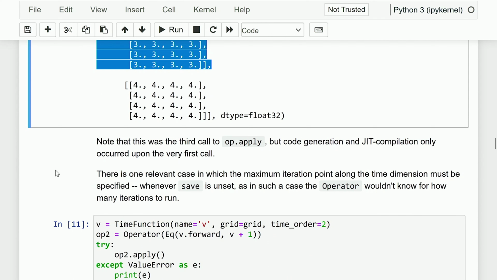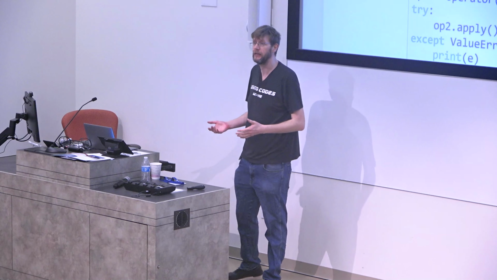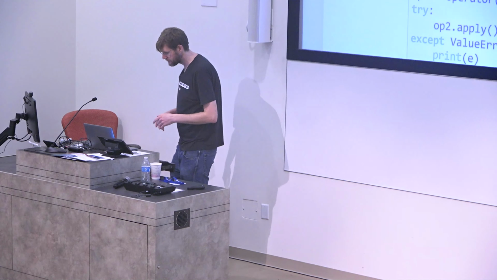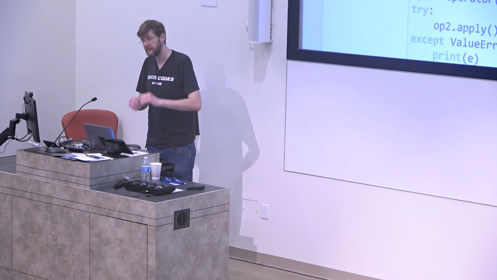Note this was the third call to op.apply, but the code generation and JIT compilation only occurred upon the very first call. So when Devito needs to construct an operator and compile it, it'll do that, but it's not going to do that again unless you explicitly tell it. It's going to keep reusing this compiled library.